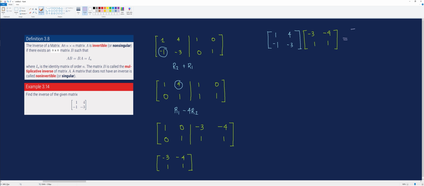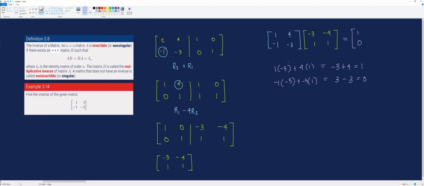So let's perform the matrix multiplication. For this cell, that is 1 times negative 3 plus 4 times 1. That is equal to negative 3 plus 4, which is equal to 1. Next, for this cell, that is negative 1 times negative 3 plus negative 3 times 1. So this is equal to 3 minus 3, which is 0.